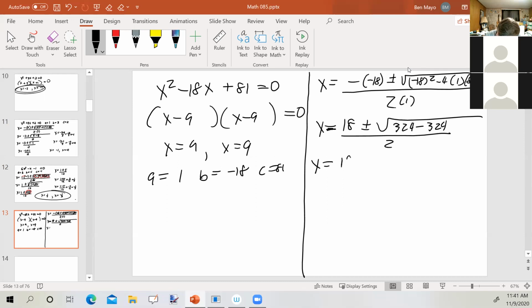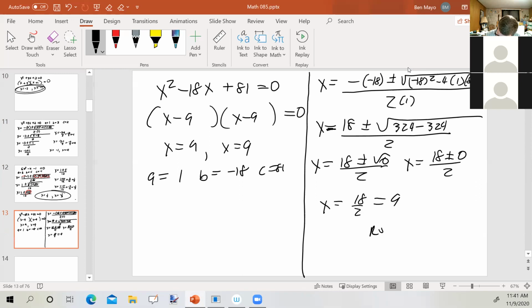So x equals 18 plus or minus the square root of 0 all over 2. x equals 18 plus or minus, what is the square root of 0? It's 0, all over 2. So basically we get x equals 18 over 2, or x equals 9.